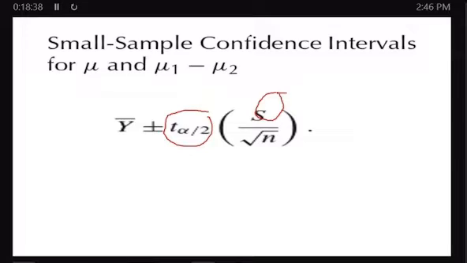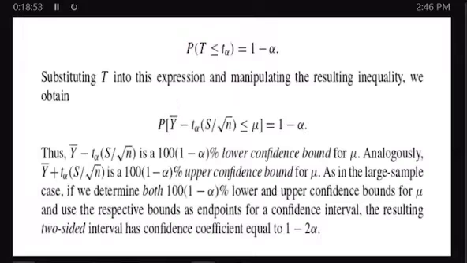This does not apply to proportions. With proportions, the sample size needs to be large. Does that make sense? Now, this is the build up. We're not going to be using Z anymore. We're actually going to be using T, right?